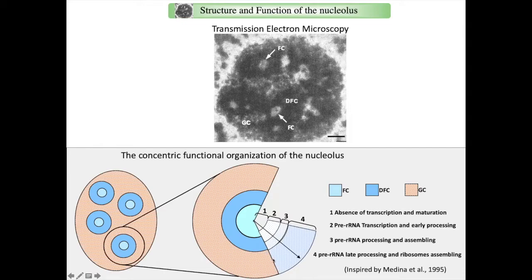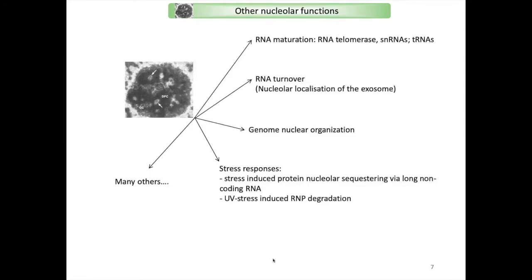This is called the concentric functional organization. But the nucleolus is also implicated in other functions: RNA maturation, RNA turnover, genome nuclear organization, stress responses, for example, and many others.